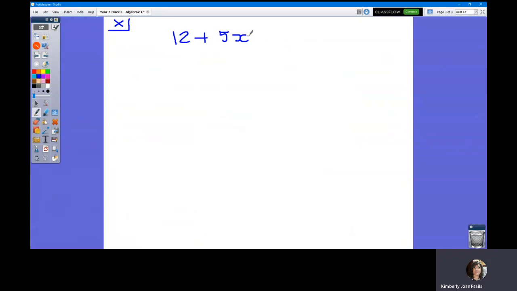Okay, so 12 plus 5x plus 4 minus 3x. Okay, so first step, we highlight the same terms. So we have 12 belonging with plus 4, plus 5x and minus 3x.